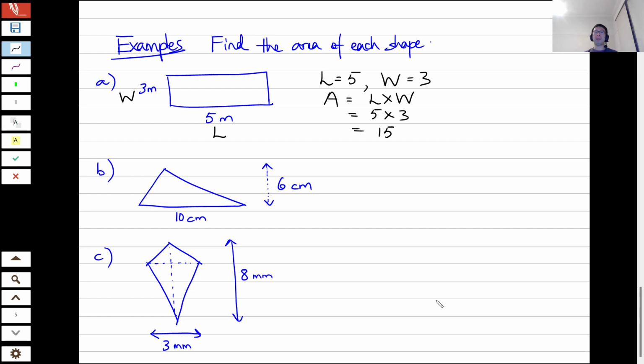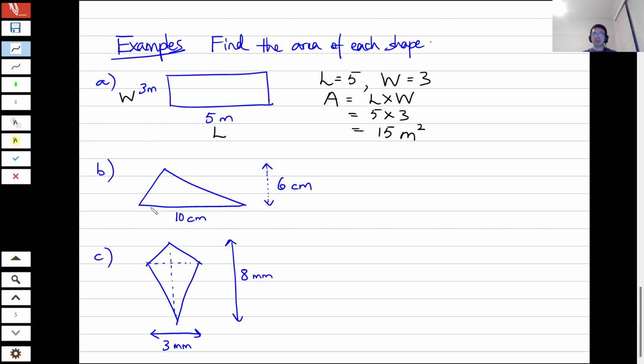But I'm not done. I need to give a unit. And in this rectangle, the dimensions were meters and meters. So my unit is going to be square meters. So I need to write m to the power of 2. Don't forget to write the units because your answer is not finished unless you write the units.